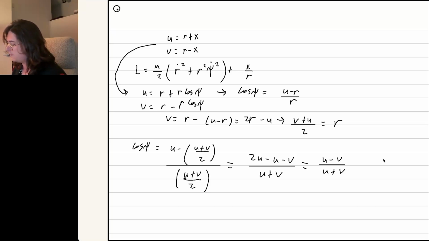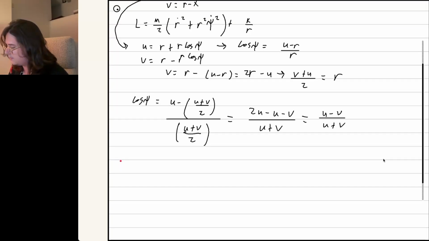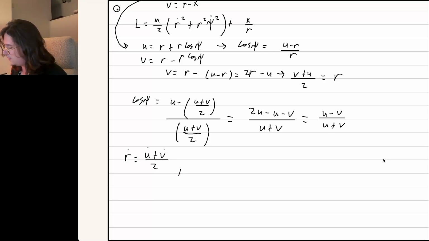Now I need time derivatives. The r one is quite easy because you'll just have the time derivative of u plus the time derivative of v, over 2. It's not too bad. The cosine psi is pretty difficult.